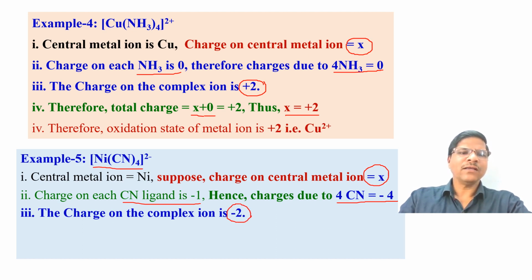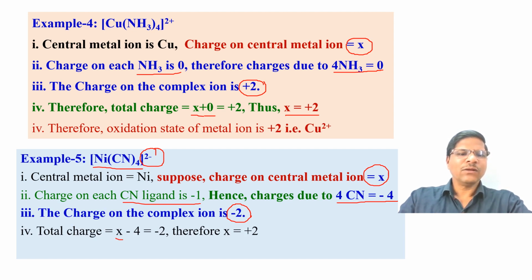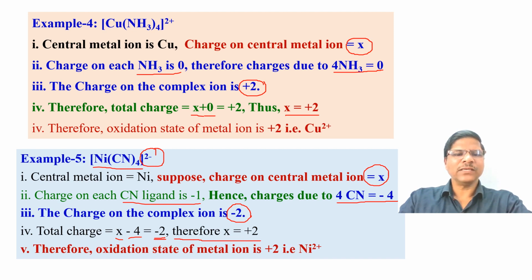The charge on the complex is -2. Now the algebraic sum: X, the charge on the nickel, minus 4 for the 4 cyanide ions, is equal to -2, the charge on the complex ion. If you calculate this, you get X equal to +2. That is, in the complex, nickel is present in the +2 oxidation state.